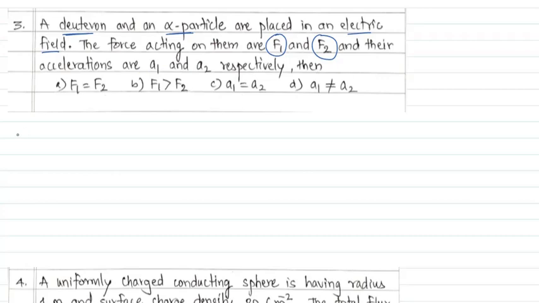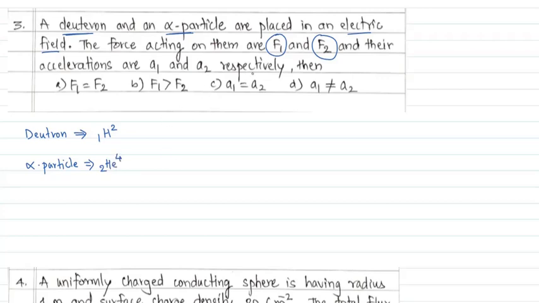So first, deuteron means you will have its formula as 1H2. Alpha particle is helium nuclei, 2He4.